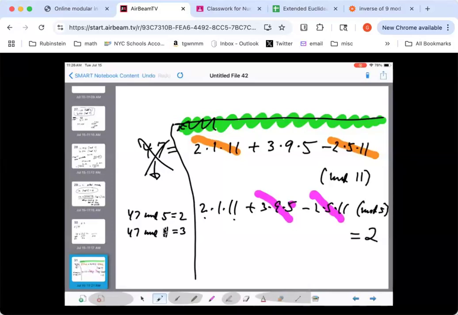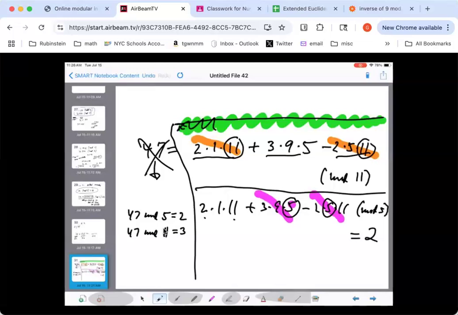What I'm getting at is that you could ignore any term, in this case for mod 5, that has a 5 in it. On the other hand, in this one, I could ignore any term. By term, I mean these groups of 3. I could ignore any term that has an 11 in it. 3 times 9 times 5 is kind of a big number.